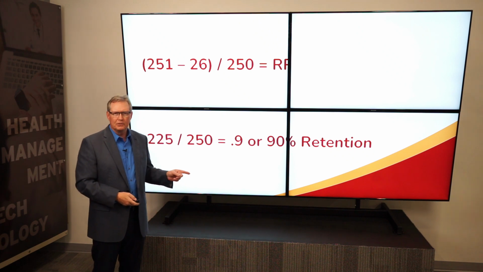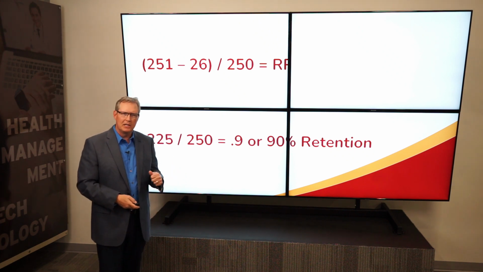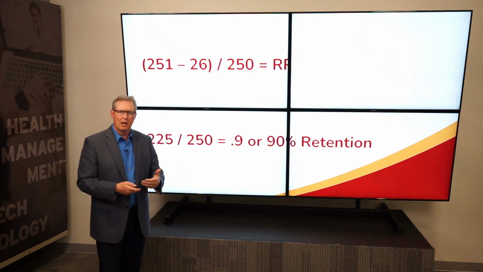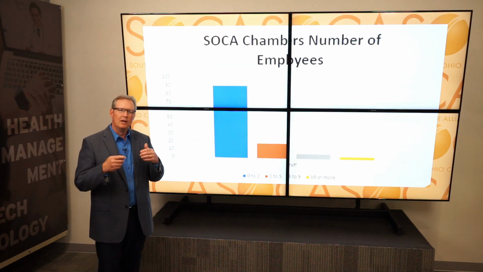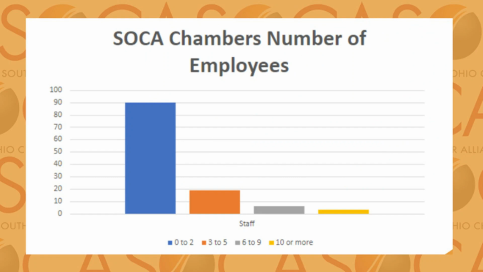Now, just a few moments ago, there's a reason why I chose the example of 90% member retention and 1 new member every 2 weeks. Many of our chambers of commerce in SACA have between 200 and 300 members. Most of them are limited to 2 or fewer people on staff.